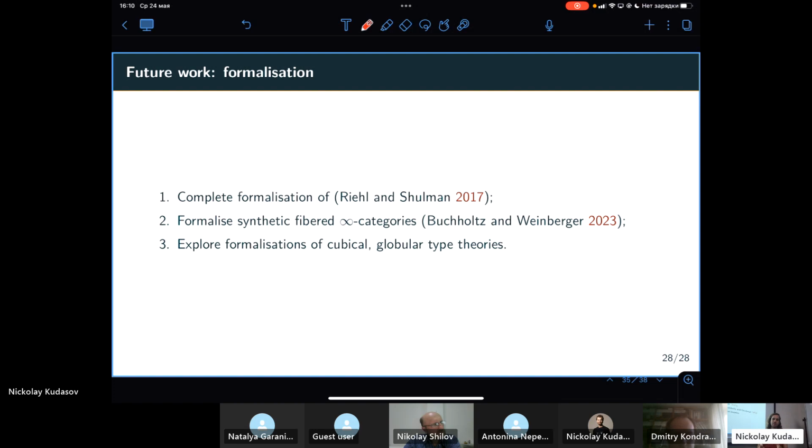Another thing is that it's not possible to just do a library, in the sense that these extension types have to check that two things are equal by computing that they're equal.